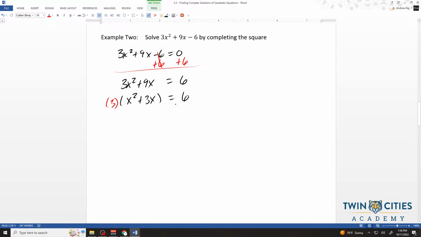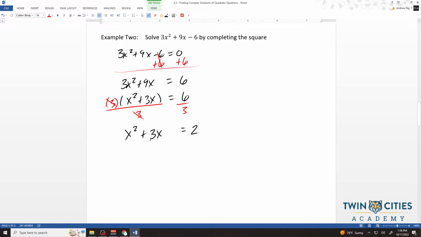And the reason I'm going to do that is so that I can get rid of this 3 by dividing both sides by this 3. This will give me x squared plus 3x equals 6 divided by 3 is 2.